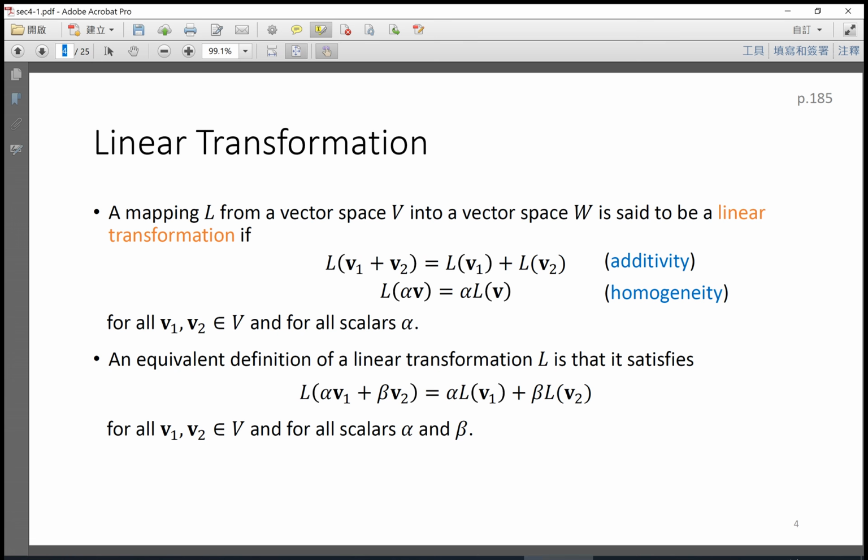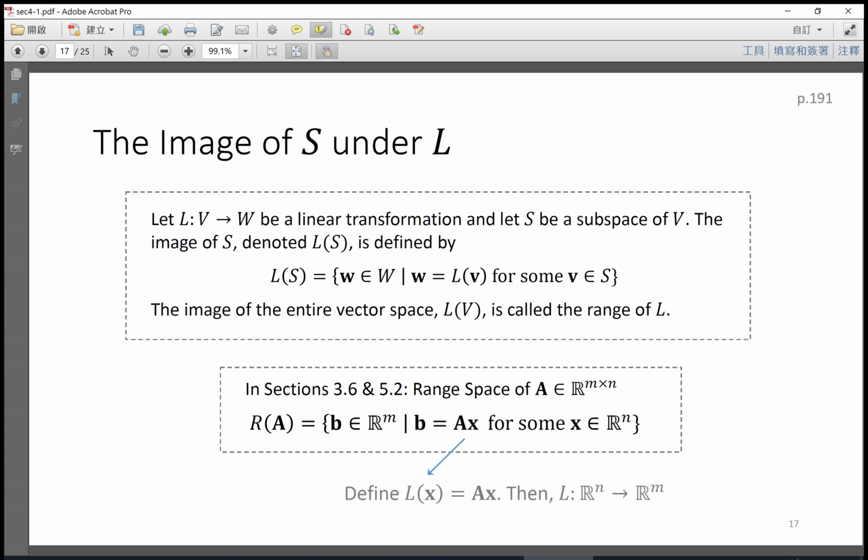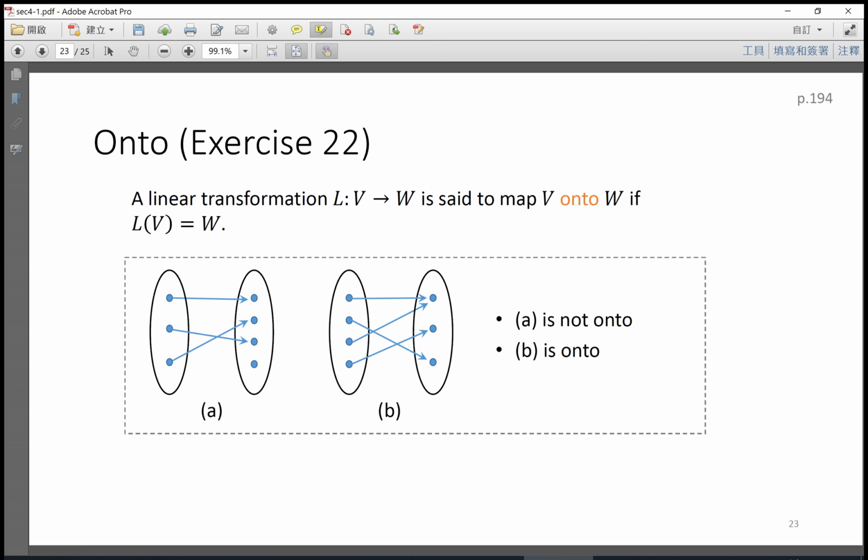We also learned the kernel of L, which is related to the null space of a matrix, and the image of S under L, which is related to the range space of a matrix. And we also learned the concept of one-to-one and the concept of onto for a linear transformation. After learning section 4.1, I hope you can familiarize yourself with these concepts.